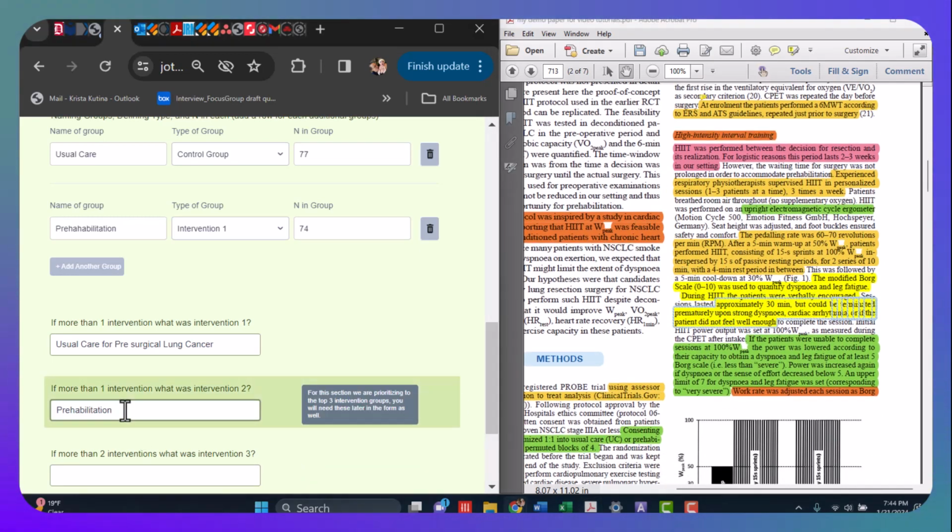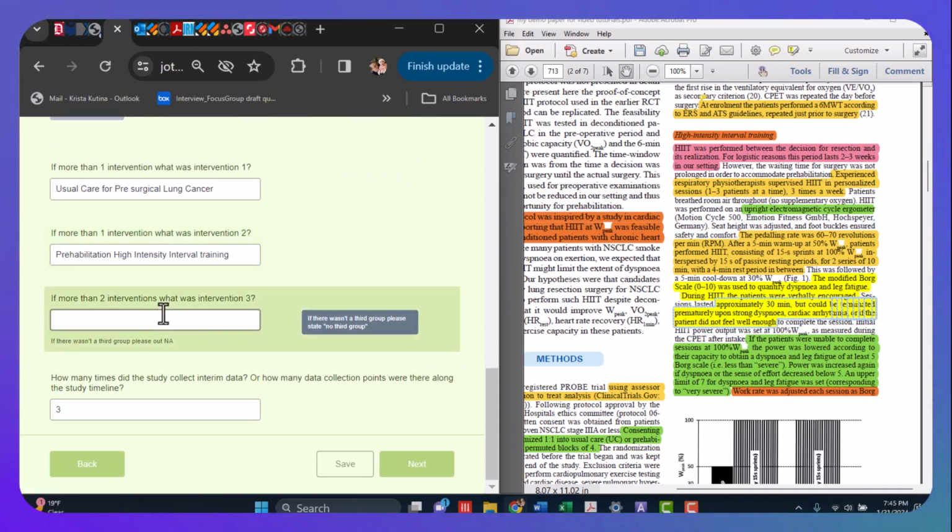So I would actually put that here. They called it their prehabilitation group, but it was the high intensity interval training group. And later on, we'll be able to say that this was biking. There was not a third intervention, so you can just put NA.